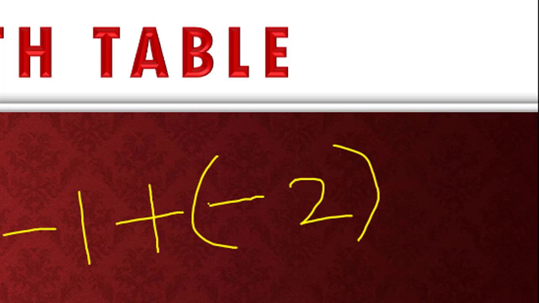That will give 0. Then the next thing is plus, because this bracket means times, so you say plus times minus 2. So plus times minus, according to the law of mathematics, will give minus. So that means we have minus 2.